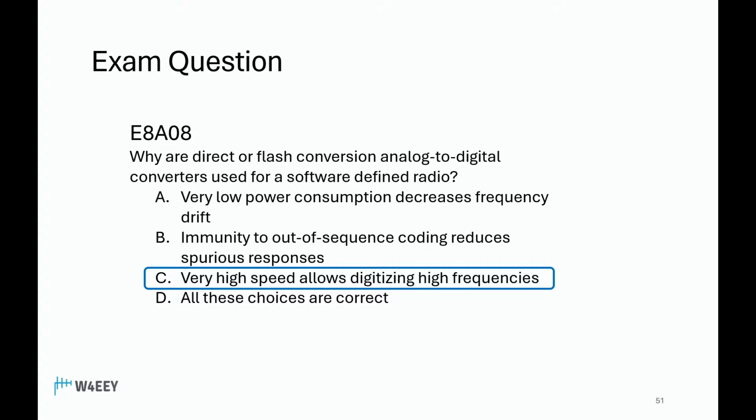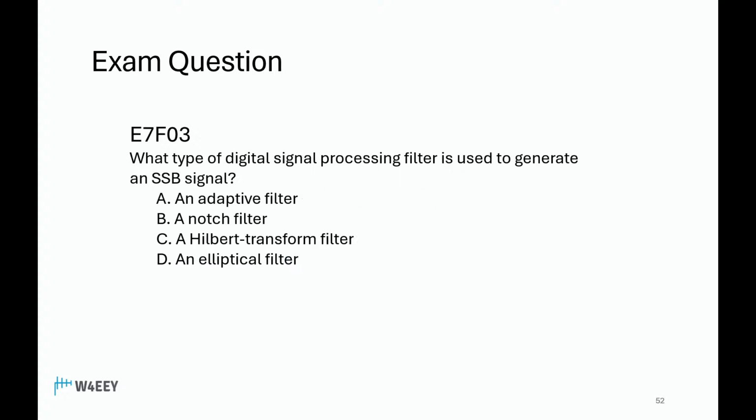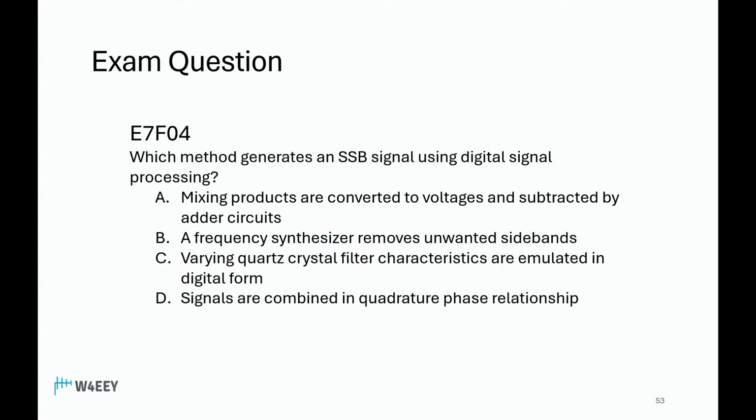What type of digital signal processing filter is used to generate a single sideband signal? Charlie. Yep, Charlie, the Hilbert transform. I hope he got paid a lot of money. What method generates an SSB signal using digital signal processing?